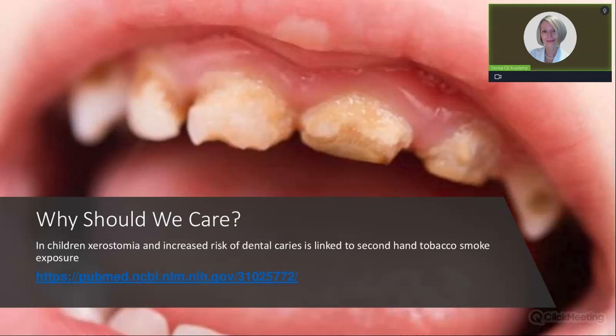And this is something we go into much more detail in our tobacco course. But these children, when subjected to secondhand smoke, developed a form of xerostomia. And that xerostomia caused an increased level of dental caries. It affected agglutination and so forth. And what it did was it altered an enzyme, a protein in the saliva.